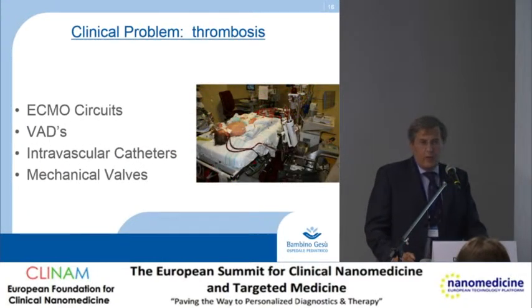Another problem in our work is thrombosis. Thrombosis is a very serious problem in ECMO circuits, ECMO meaning extracorporeal membrane oxygenator, in ventricular assist devices, and also in intravascular catheters and mechanical valves.